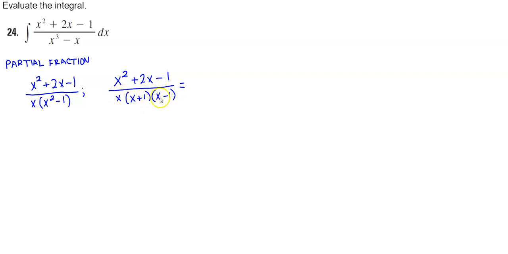We have three different factors in our denominator. So therefore, this is going to look like the following: A over x plus B over x plus 1 plus C over x minus 1.